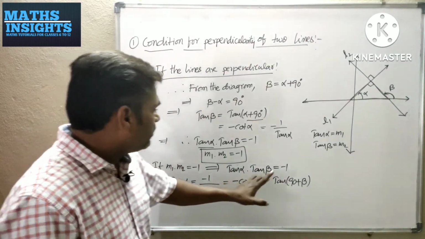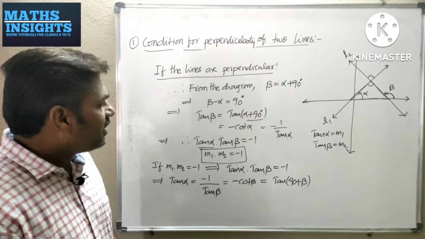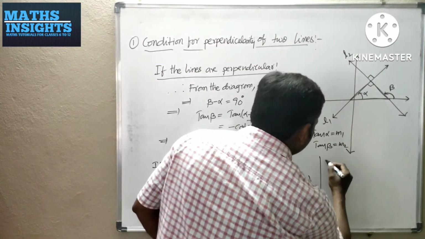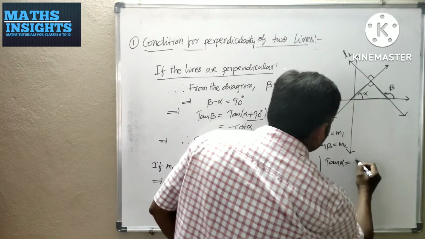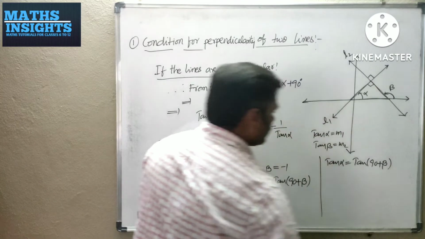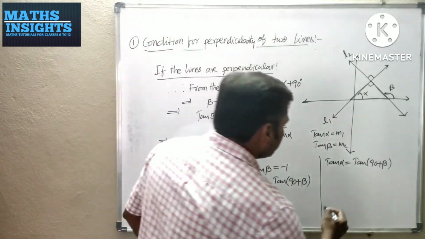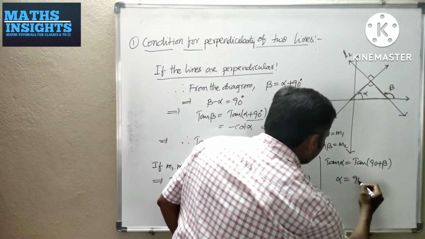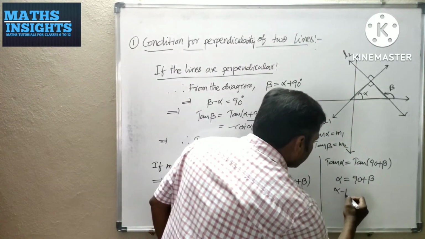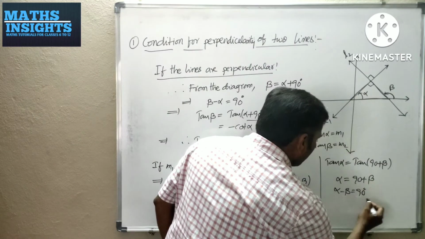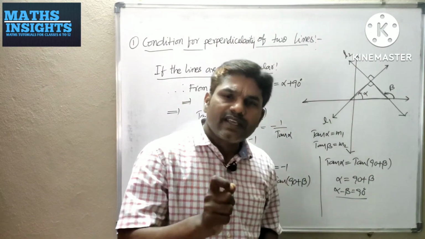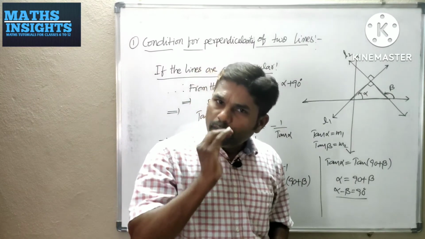Therefore, tan alpha will become equals to tan 90 plus beta. If you remove tan on both sides, it will become alpha is equals to 90 plus beta. Means alpha minus beta is equals to 90 degrees. What it means? The difference between alpha and beta is 90 degrees. Then the lines are said to be perpendicular.